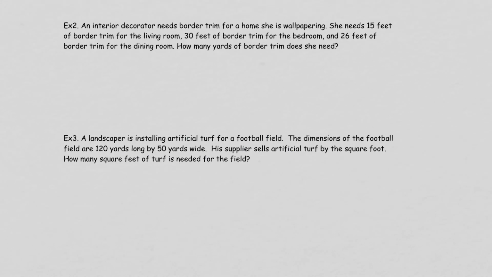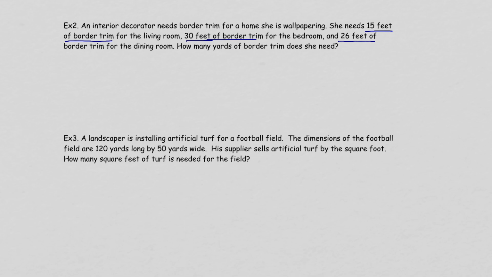Now let's look at some word problems. So read the word problem and see if you understand what they're asking. And pretty much this example 2 is asking for what's given is 15 feet of border trim in a living room, 30 feet border trim in a bedroom, and 26 feet border trim in a dining room.